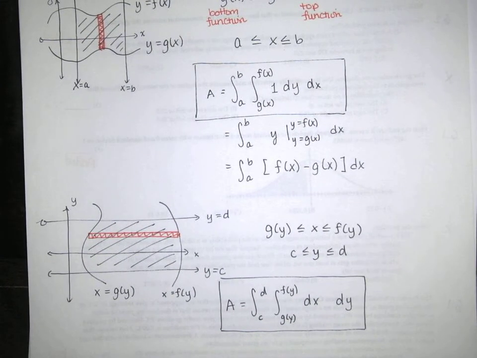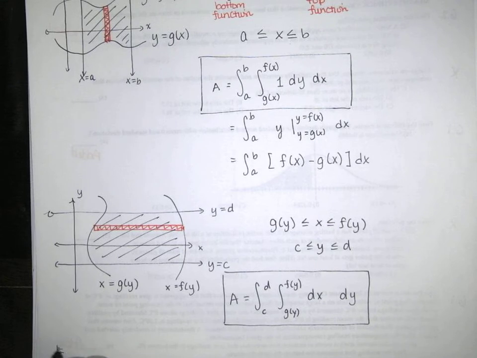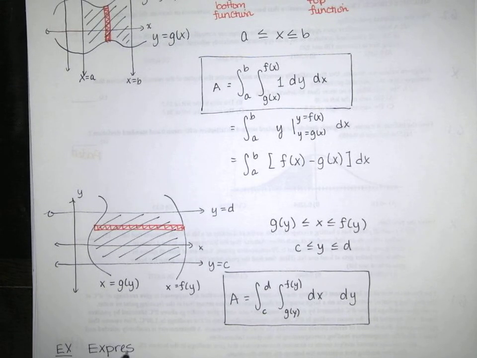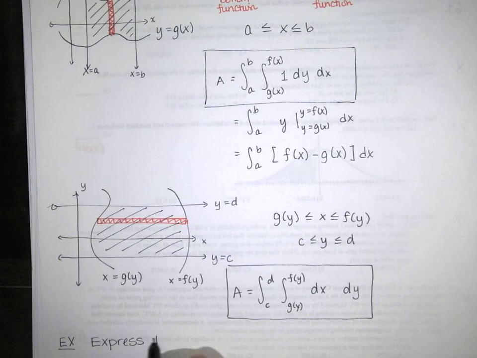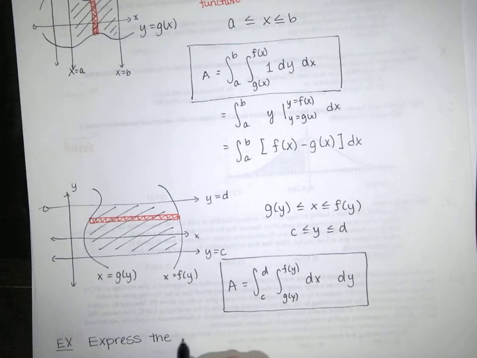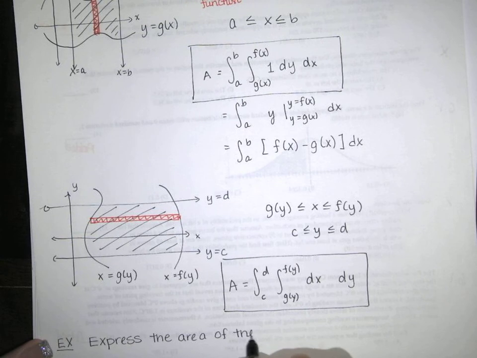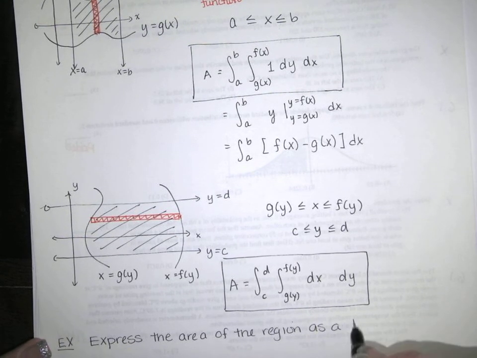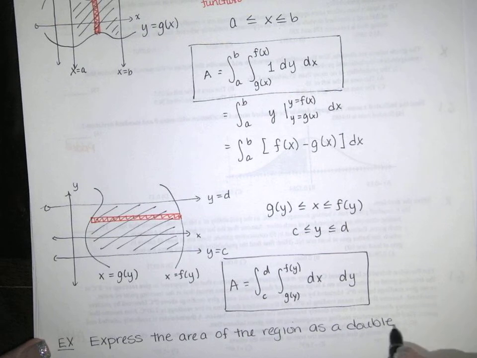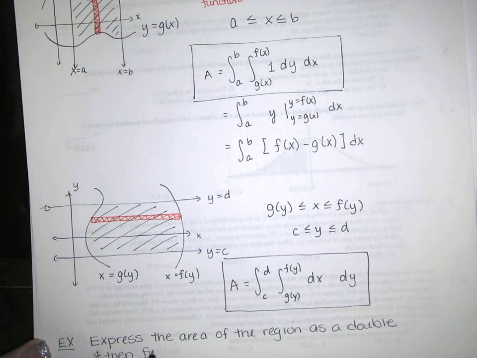Start with this first example. Let's say someone asks you to express the area of the region as a double integral, and then evaluate the integral. So then find the area of the region.